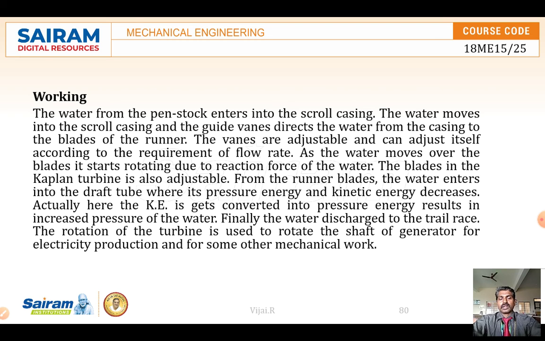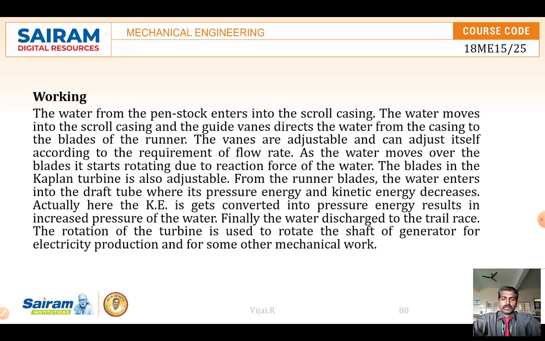The runner blade is connected with the shaft, so the connected shaft is going to be rotated. In the meanwhile, the water enters into the draft tube where the kinetic energy is converted into pressure energy, resulting in an increase in the pressure of water.